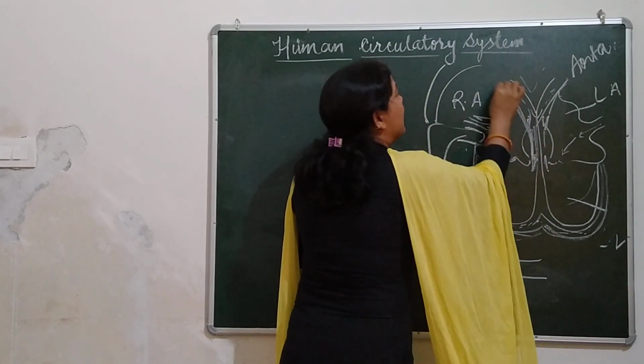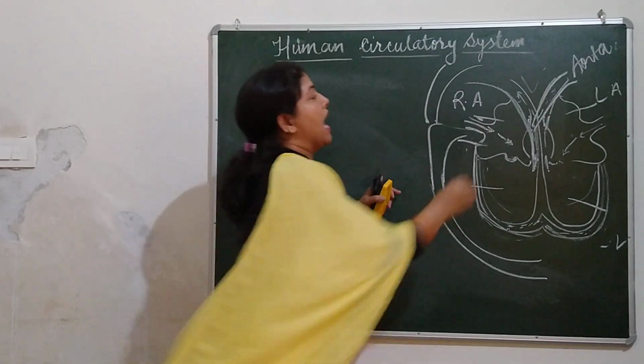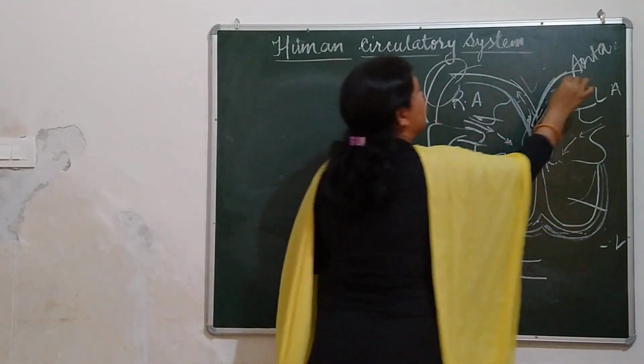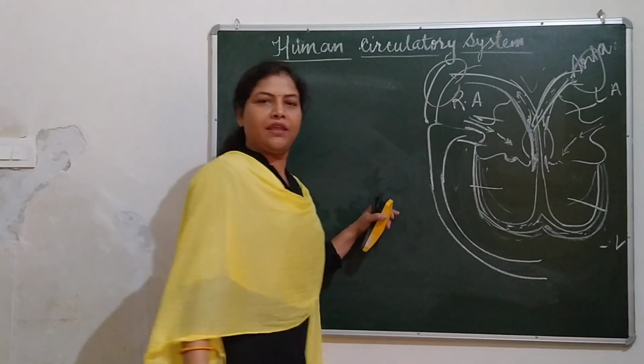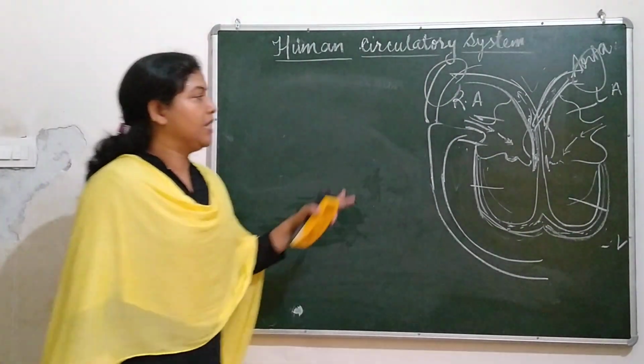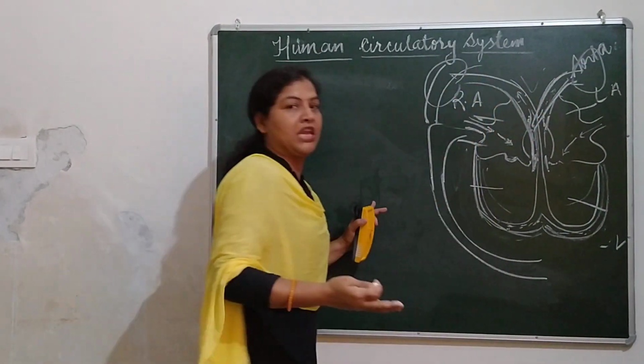See properly, left side and right side, and these both move to the lungs. Here, in the left and right parts, lungs are there for the purification of blood. So this blood goes to the lungs for purification.